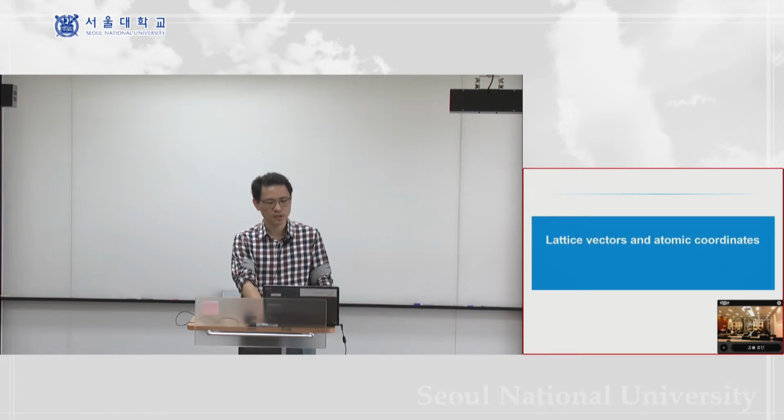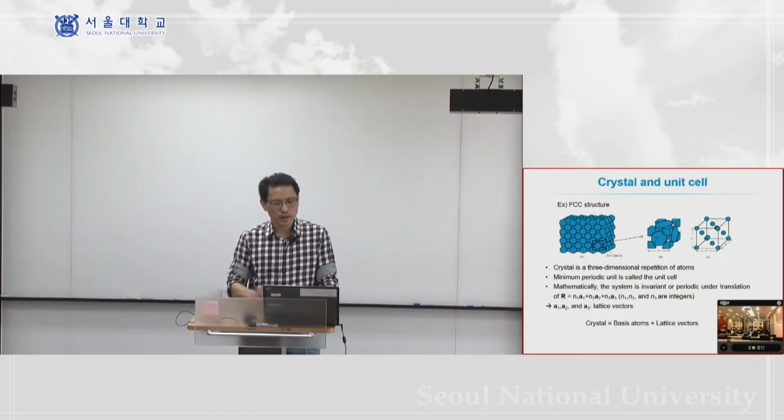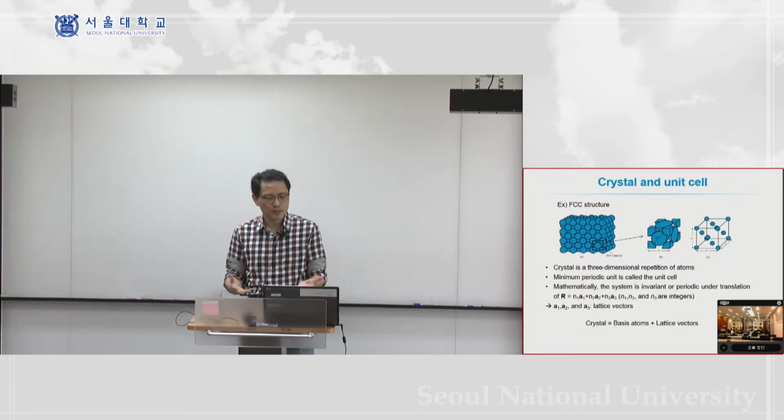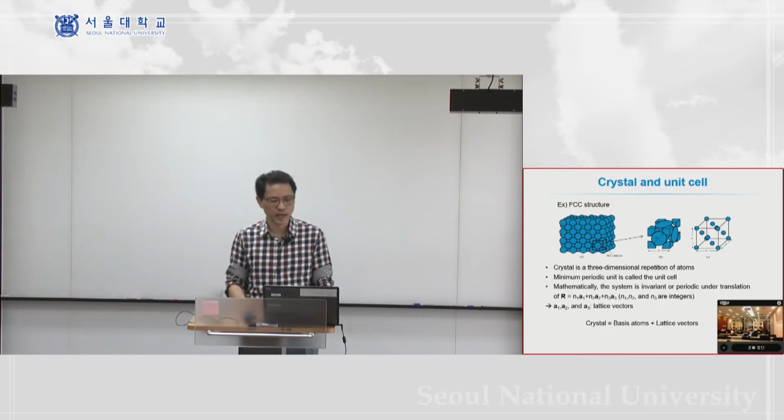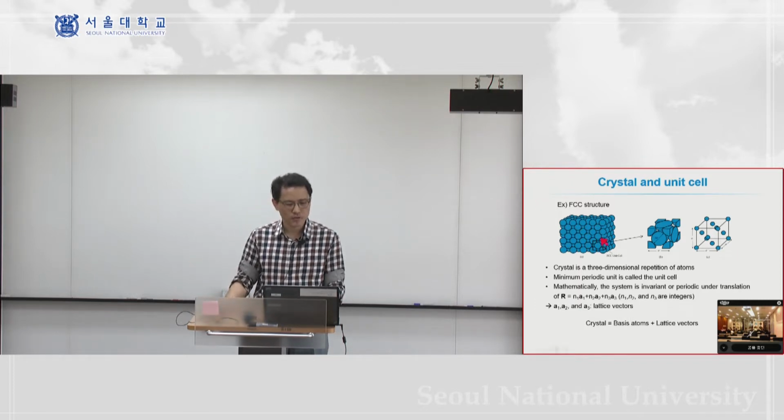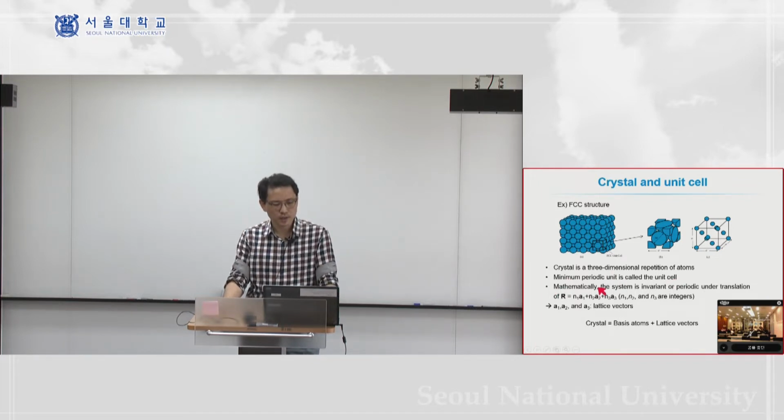First, lattice vectors and atomic structures. Maybe you know that a crystal is basically a three-dimensional complete ordering of atoms. You see here some example structures, and the minimum periodic unit is called the unit cell. Mathematically the system is invariant, because we are assuming an infinite system, under arbitrary translation by integer multiples of a1, a2, a3.